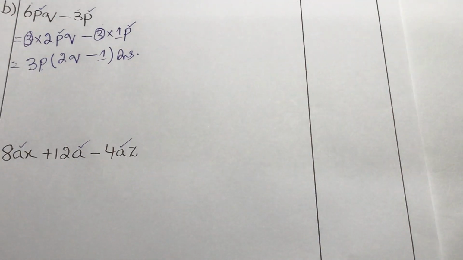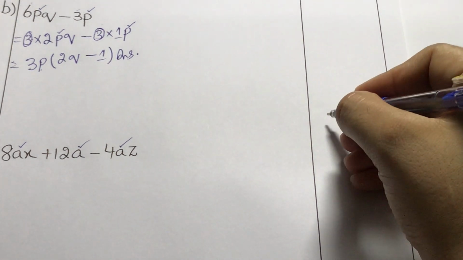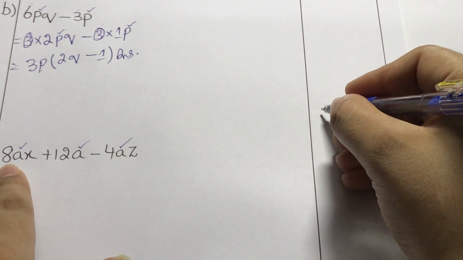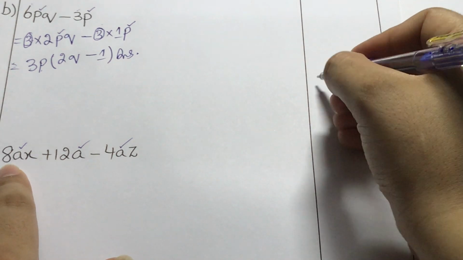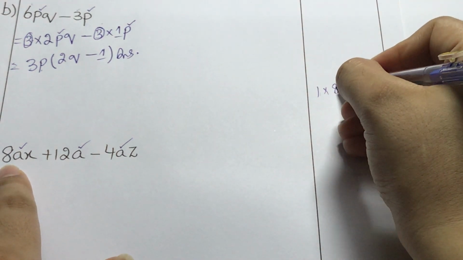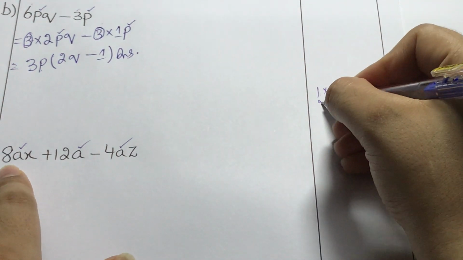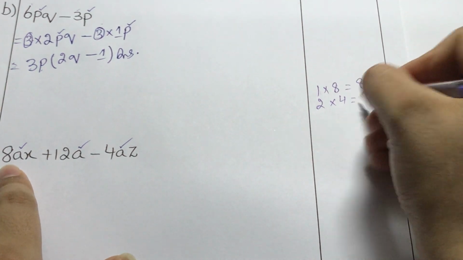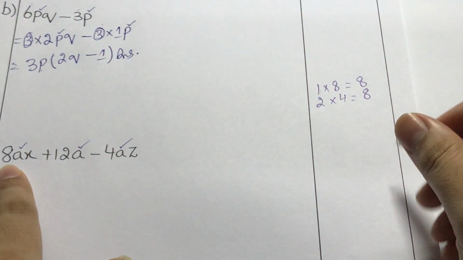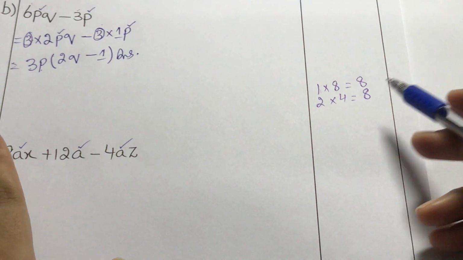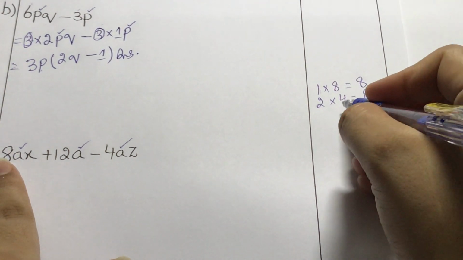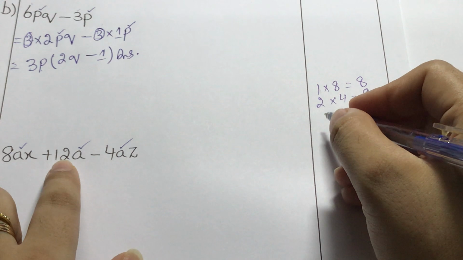Let's make their factors. First, we will write the factors of 8. The factors of 8 will be 1, 8s are 8, 2, 4s are 8, right? The next will be 4 2s are 8, it will be repeated. So no need to write the repeated factors, right?